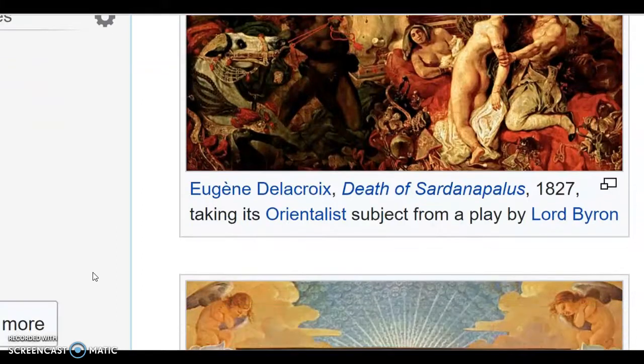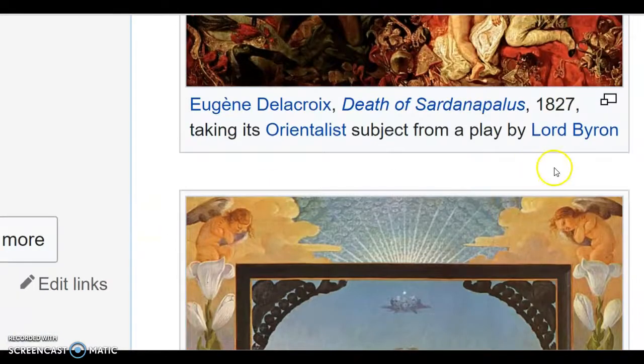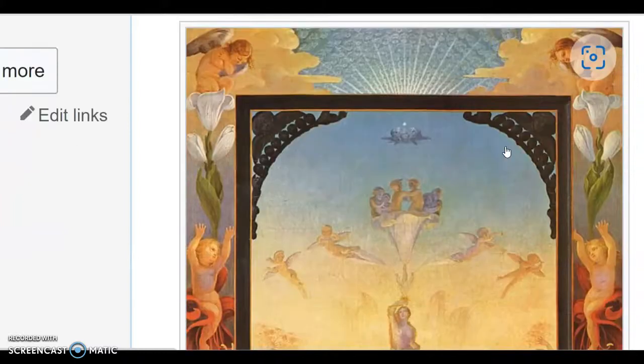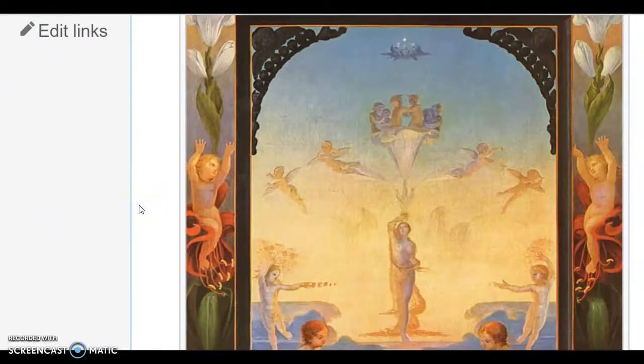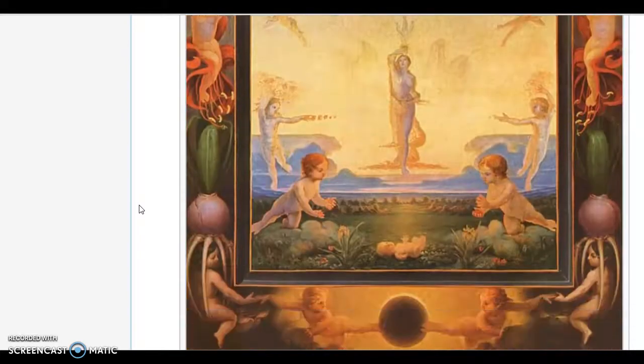It's been embroidered afterwards by characters like Walter Scott. Of course, Lord Byron, another famous one, very influential character. That's why these are very famous writers. They basically wrote the script of supposed reality, what we're living in.